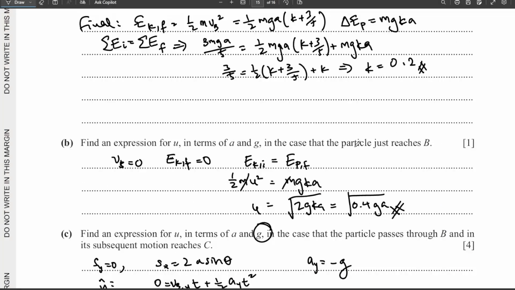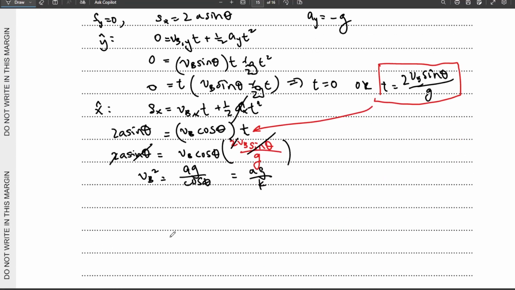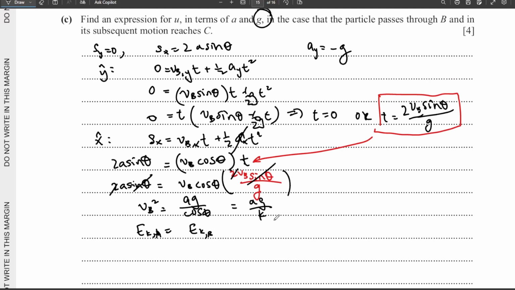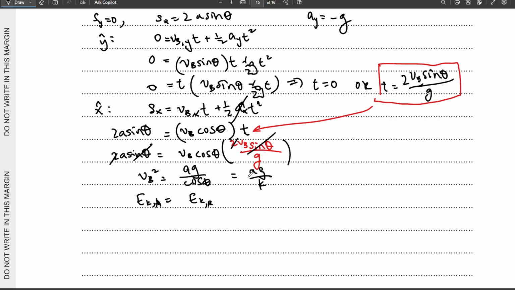We're going to go backwards some more using this conservation of energy equation again. We know that the initial kinetic energy, and we set as datum, so there's no potential energy, equals the final. Or initial means at A. So now we cannot write initial and final because there is an intermediate point at B. So now we have found the speed at B. This is the speed at B which the particle needs to have to reach C. So now we're going to substitute this back into the equation.